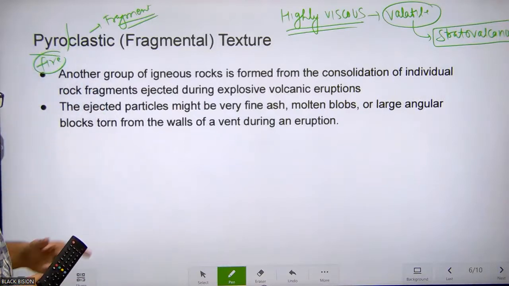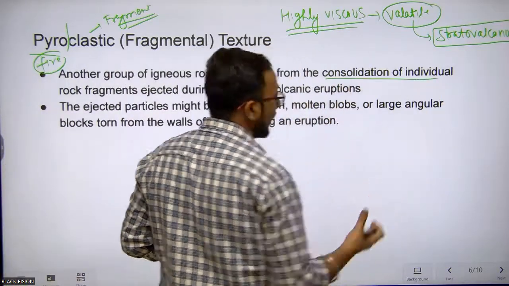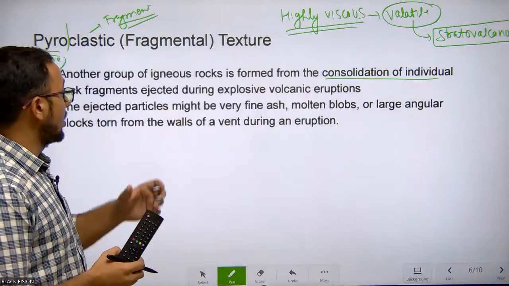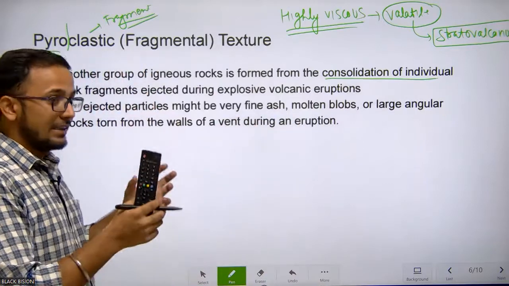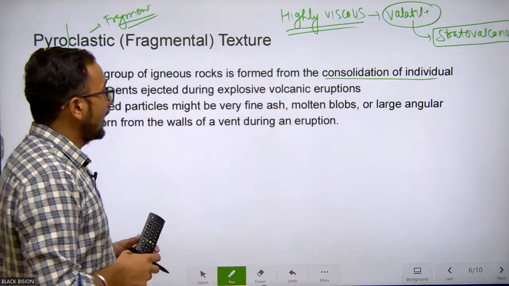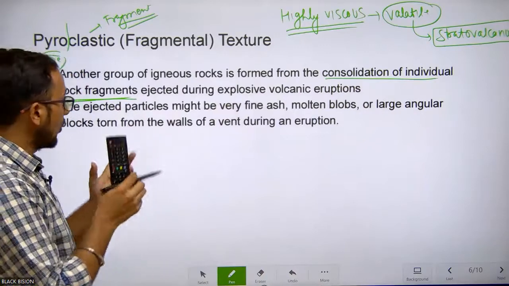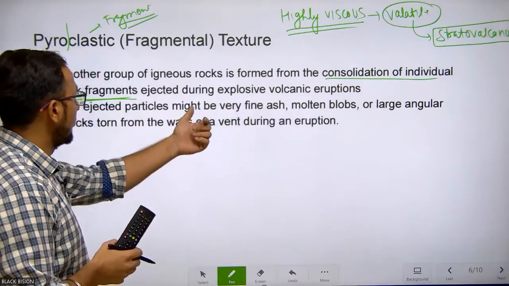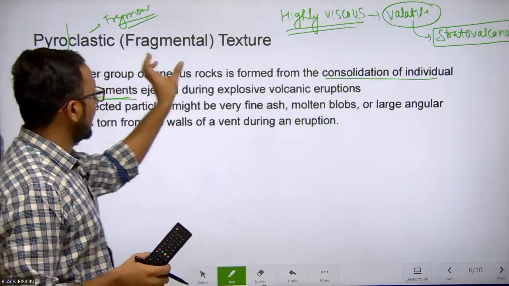So another group of igneous rock is formed from the consolidation of these materials. Whenever magma erupts with gaseous bubbles, fine ash and molten blobs, these cool, solidify and consolidate into rock fragments ejected during explosive volcanic eruptions, and they form pyroclastic textures.